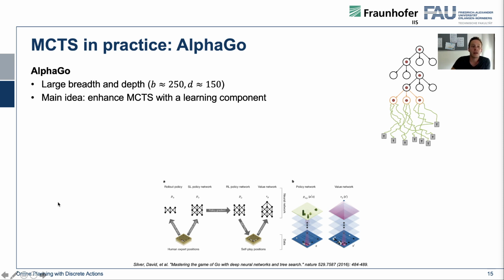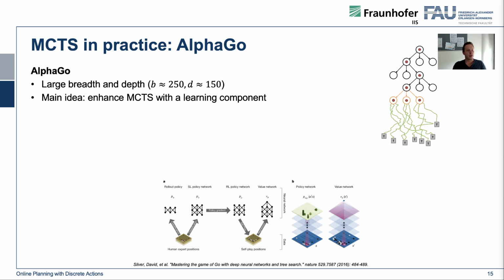In terms of breadth, this is the average number of legal moves per position, so you have a lot of moves that you can make. The depth of the tree is usually around 150, which is the approximate game length. You can use MCTS for this because it's a discrete problem. You cannot enumerate it, so it fits Monte Carlo tree search perfectly.